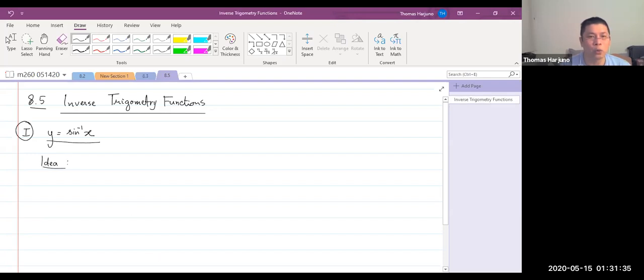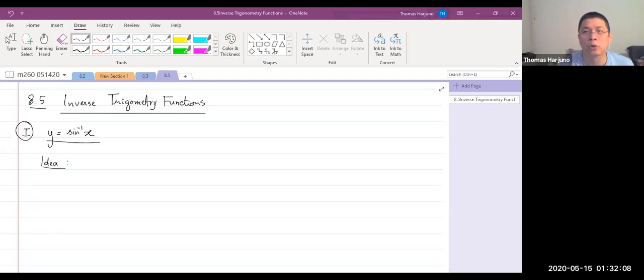Now, we know that the sine function is not a one-to-one function, and therefore, because it's not one-to-one, there's actually no inverse function. We cannot get the inverse function, but we can get an inverse function only if we restrict the domain.